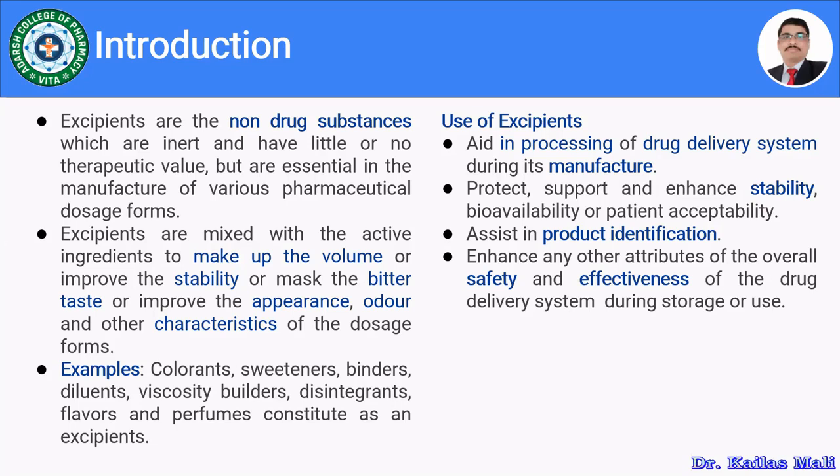They improve the stability of the API and prevent the degradation of the API. Furthermore, they have the ability to mask the bitter taste of the API. They improve the overall appearance of the product and mask the odor of the product and other characteristics of these dosage forms.